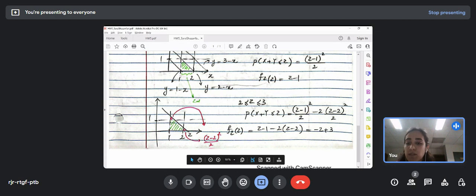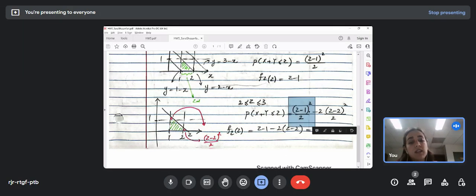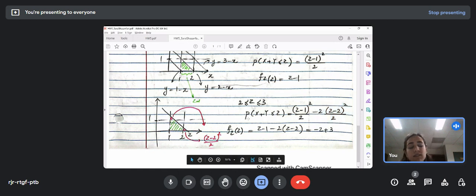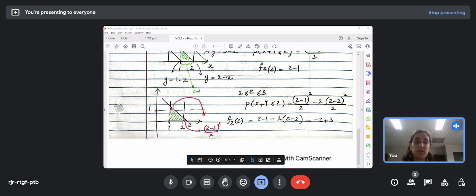But because we have two triangles, we should double it. So at first we calculate the area of the big triangle, which is z minus 1 multiplied by z minus 1 divided by 2, and then we subtract these two triangles, and then we can easily calculate the derivative and get to the probability density function. Okay, this was my answer to question number 1.